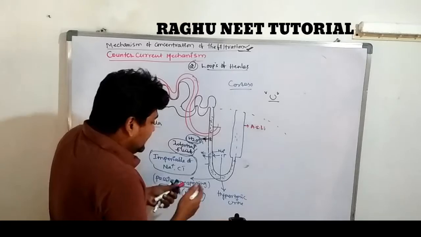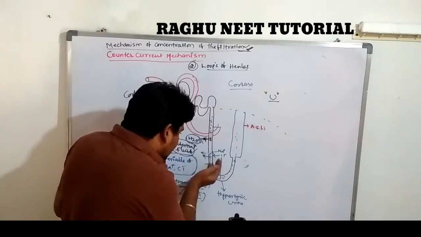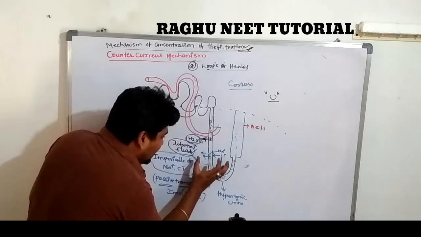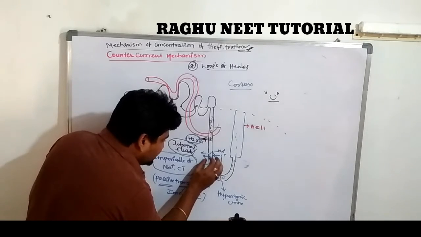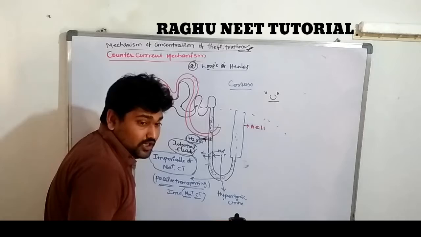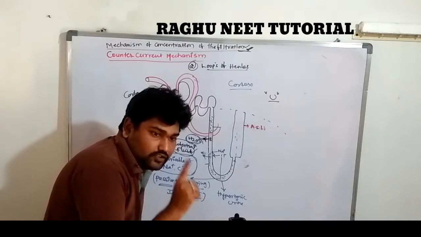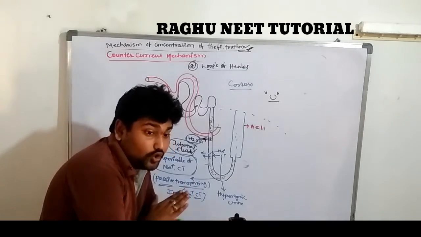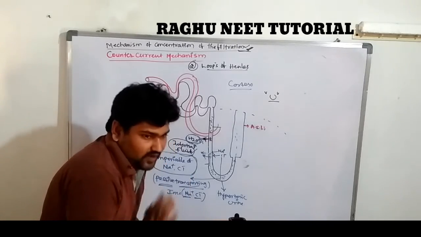How does it cause hypertonic urine? The water comes into the interstitial fluid and the concentration increases. The increase in concentration is how hypertonic urine is formed in the loop of Henle. This loop contains only ions and some amount of uric acid. There is no water, only a little amount of water.